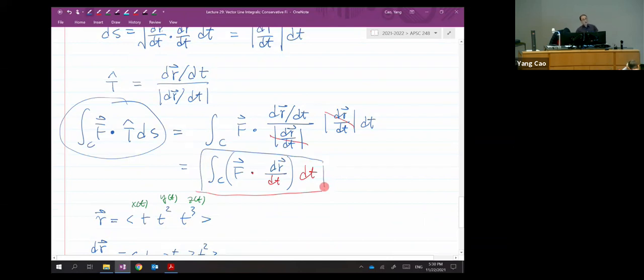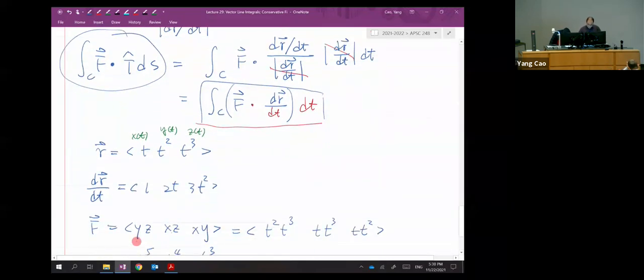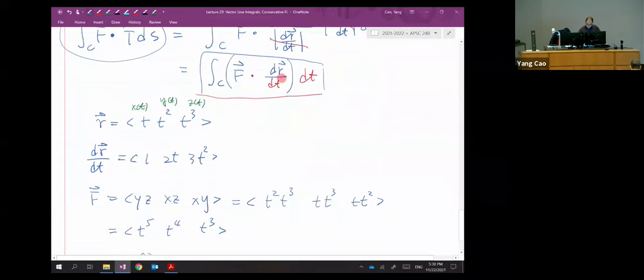So you're required to calculate the derivative of the vector function representing the curve C, and you have to substitute the parametric equation of the curve C into the vector function f. So then you can eliminate all the x, y, z, and you end up with a pure function of t, or vector function of t. Then you do the dot product. The range or the limit for the t will usually be given by the question.